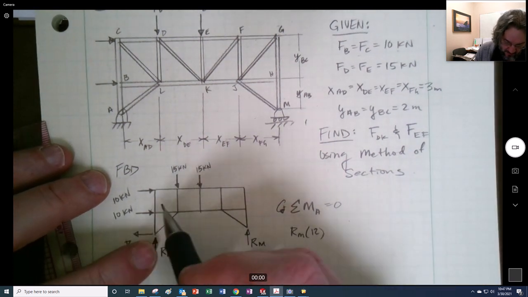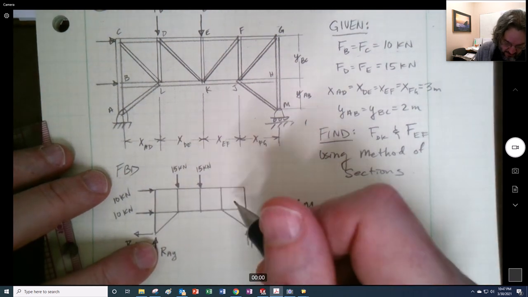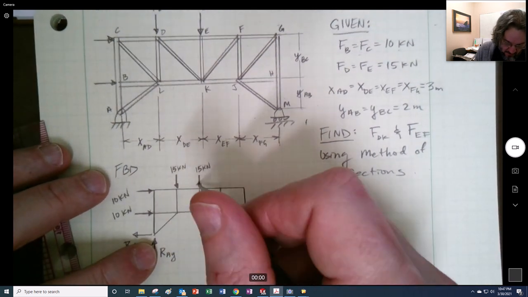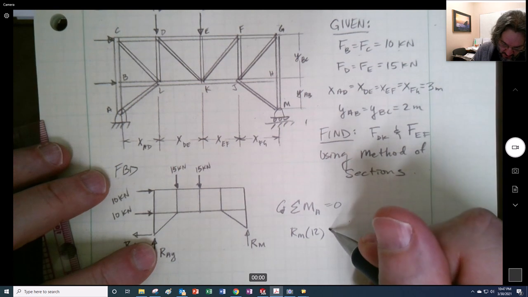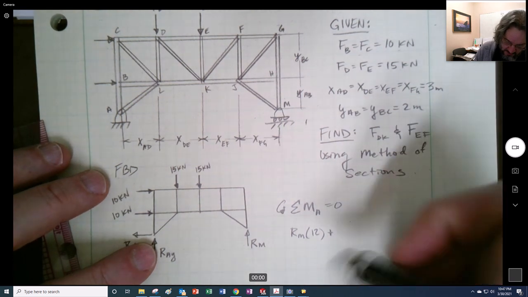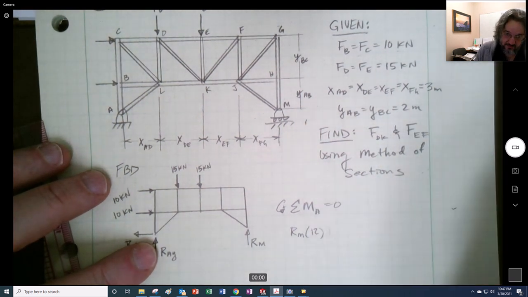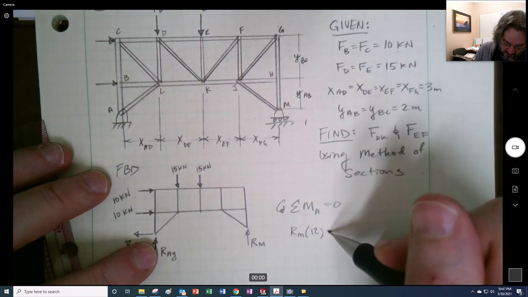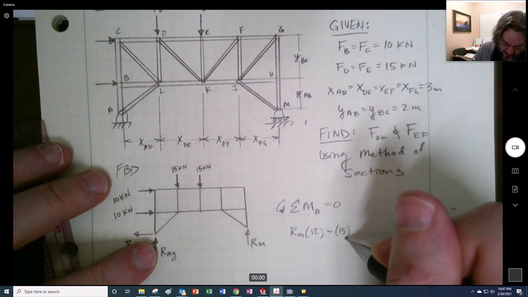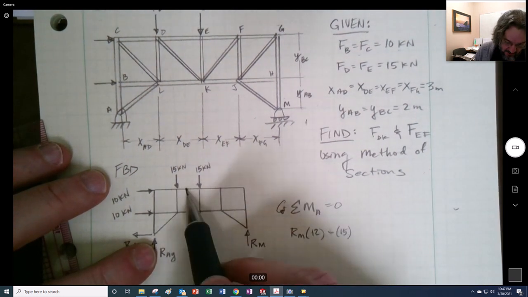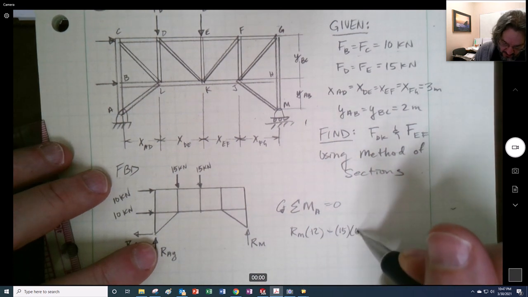And now the rest are going to be clockwise, right? They're all clockwise. So I said clockwise and I put a negative sign right there. I mean a positive sign. So I say 15, and there's 3 and 3, so this can be 6.